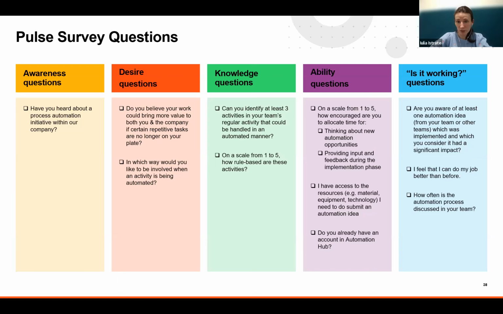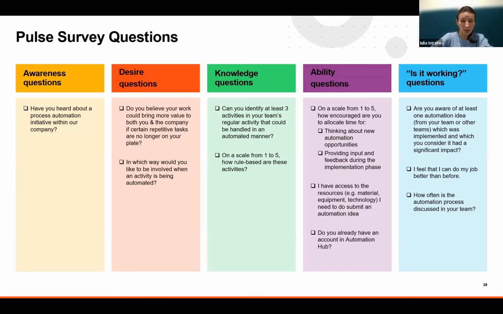Around the ability questions, whether they find the right balance between allocating time to think about these things to automate using Automation Hub, helping with answering questions in the assessments to build a business case, collaborating with the team ultimately during the implementation to test the automation and to provide additional feedback, using task capture in order to record the process. These kind of things require time, so it's better to get the pulse from the teams, from the users, on whether they do have time to dedicate for this or not.